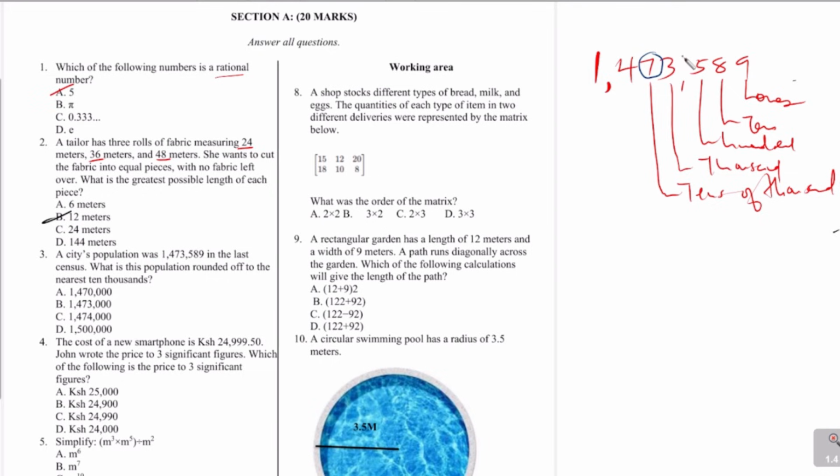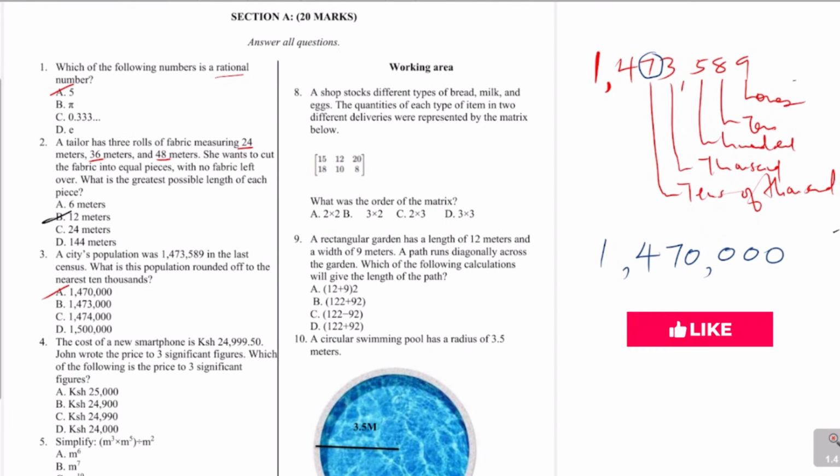So in this case, you find it is 3. So if it is 3, you round it downwards. So you shall have 1, 4, 7. Then for these places now where we have 3, you're going to indicate all the others as zeros. All the others will be zeros. So the solution will be A.